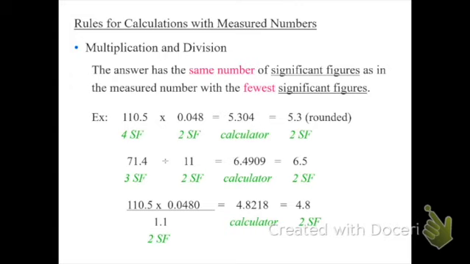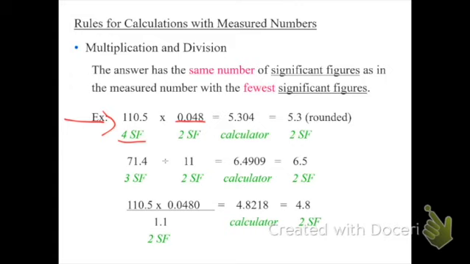So here's an example. If you look at this calculation here, we're multiplying two numbers. The first one, 110.5, has 4 significant figures. The next one, 2.048, has 2.